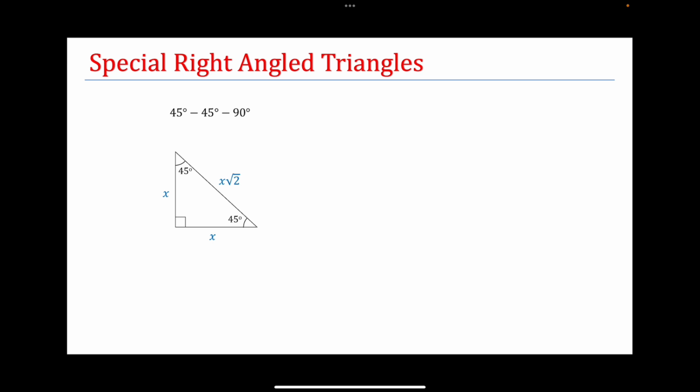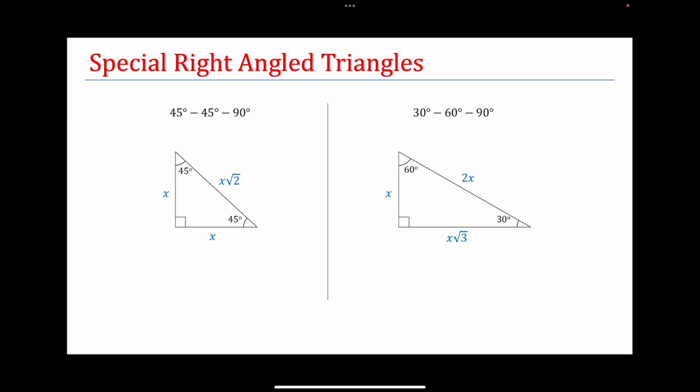So if the two angles are equal, two sides also must be equal. It's called an isosceles right angle triangle. So the legs are the two equal sides, x, and the hypotenuse will be x root 2, root 2 times of the side. So the ratio would be 1:1:root 2.